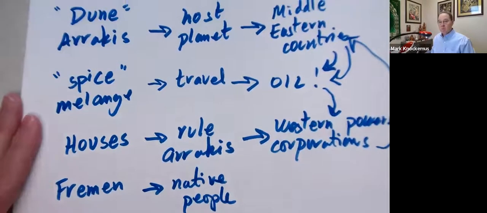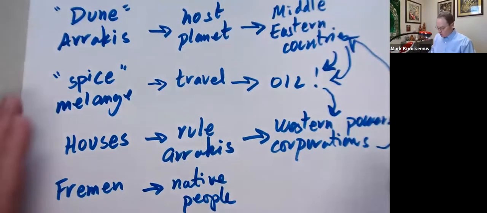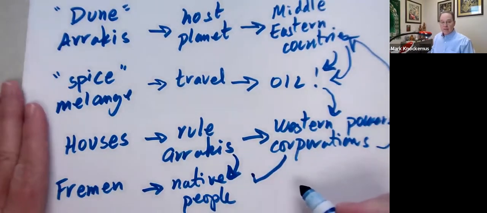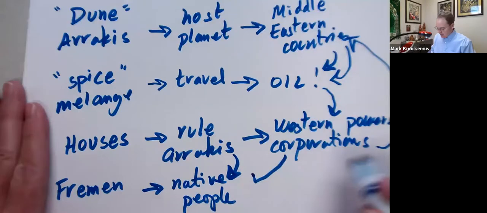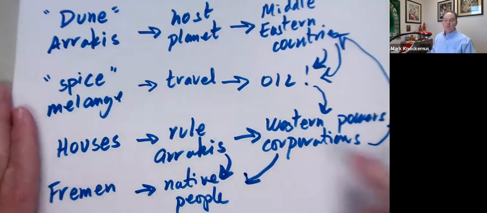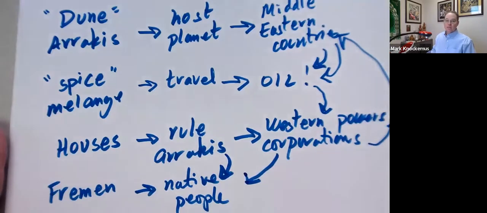And of course, what are the Fremen? They're the native people who are being oppressed by the different houses that come in, right? The different houses, the different planets that oppress them, and are also being oppressed today by Western powers and the different corporations.